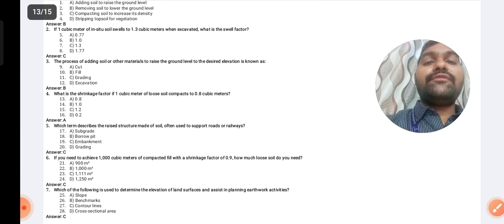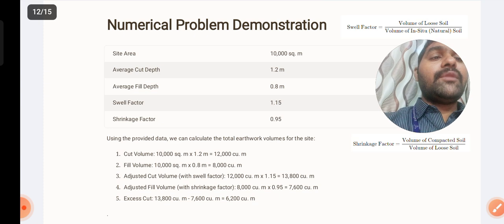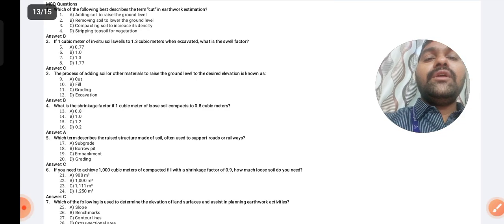So what is the volume of loose soil in the second problem? 1.3. What is the volume of in situ soil? 1. So 1.3 is the answer.